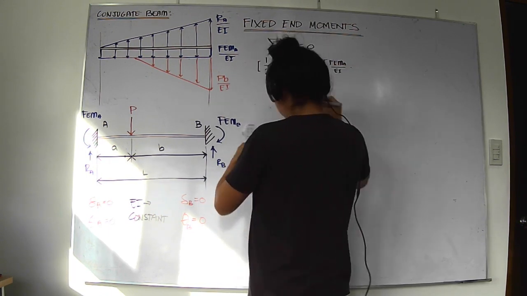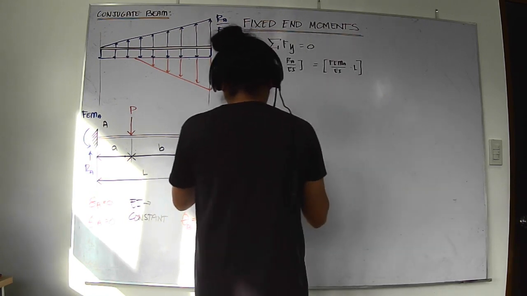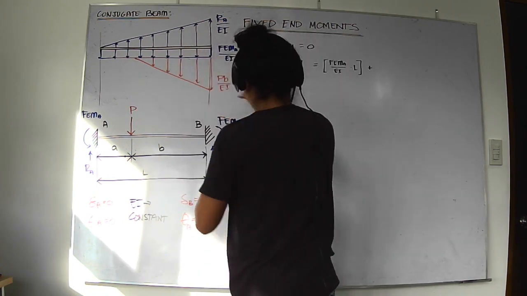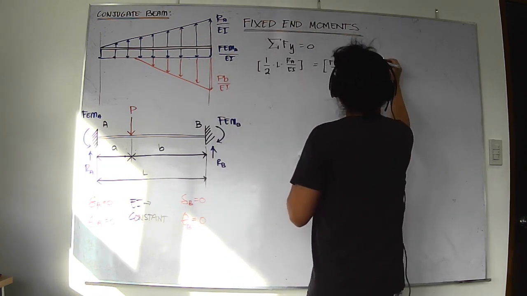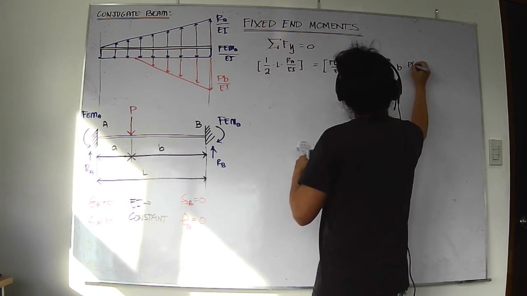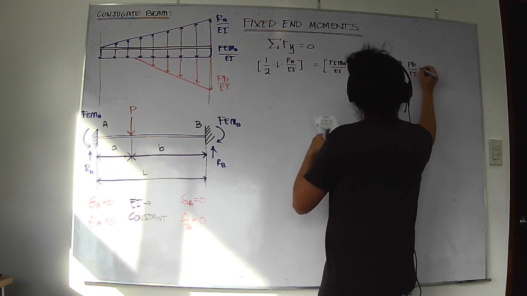The base is equal to L. Okay? So, that's one force, plus the other force, which is the red triangle: B times PB over EI. Okay?